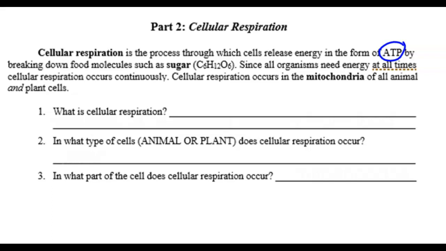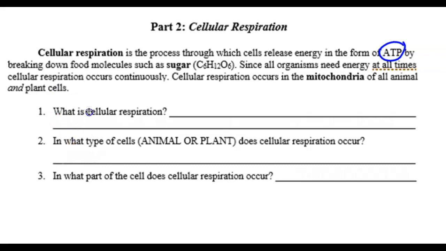Since all organisms need energy at all times, cellular respiration continues all the time, continuously. Cellular respiration occurs where? In the mitochondria of all animal and plant cells. In fact, any living cell that's getting energy from glucose using oxygen. That is the process of cellular respiration. Pause, fill in your questions, and then come back.